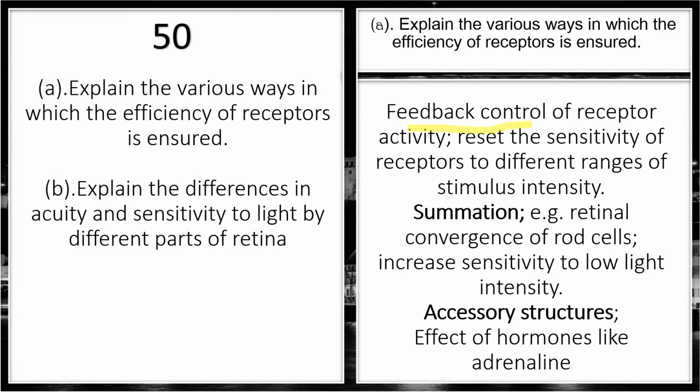Feedback control of receptor activity resets the sensitivity of the receptor to different ranges of stimuli. Summation: the retinal convergence in rod cells increases sensitivity to low light intensity. Accessory structures, effect of hormones like adrenaline.